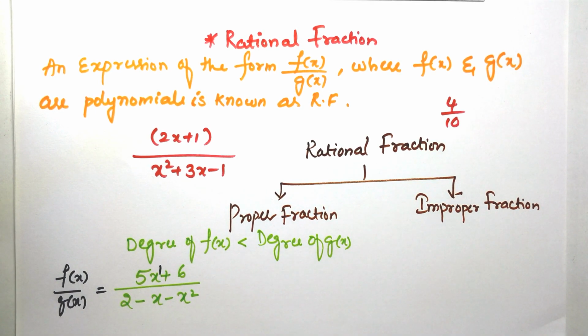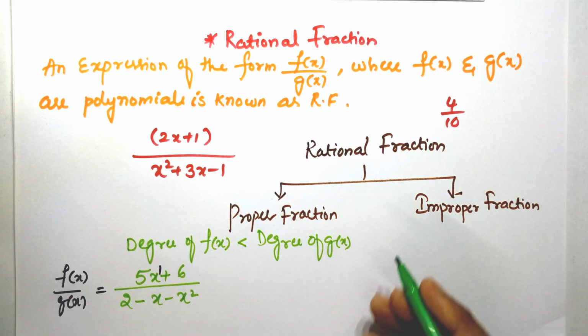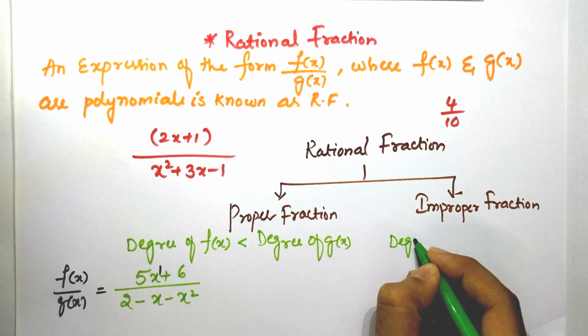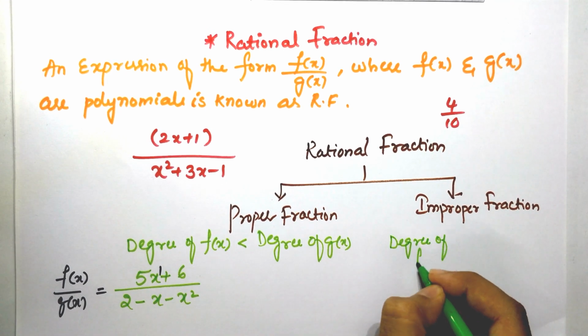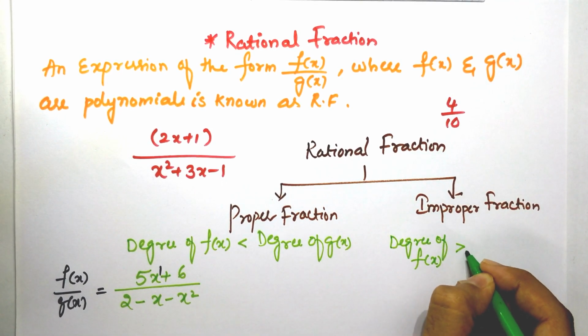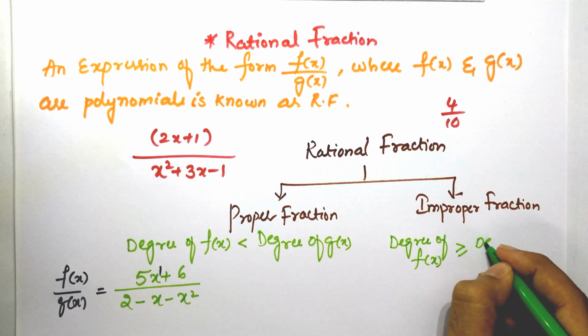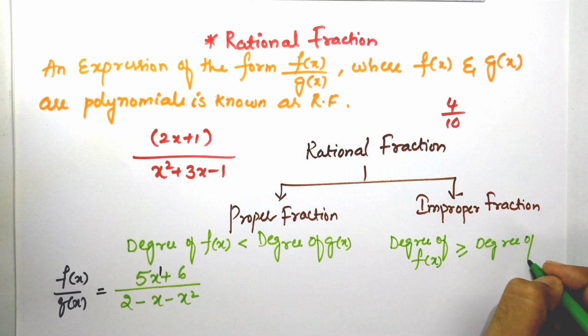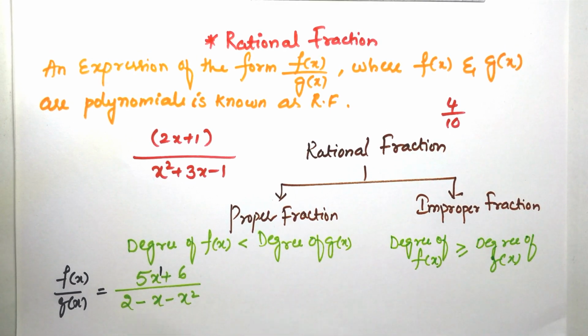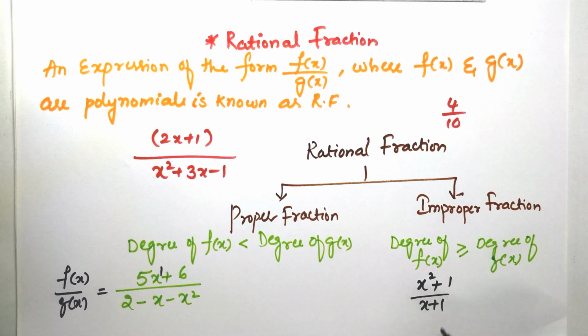Now, an improper fraction is one for which the degree of f of x is greater than or equal to the degree of g of x. Then we call that fraction an improper fraction. An example: x square plus 1 by x plus 1.